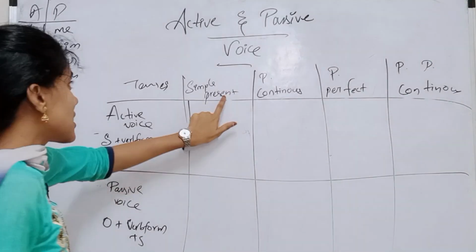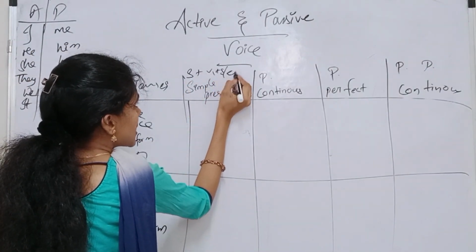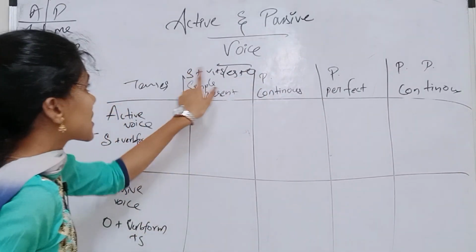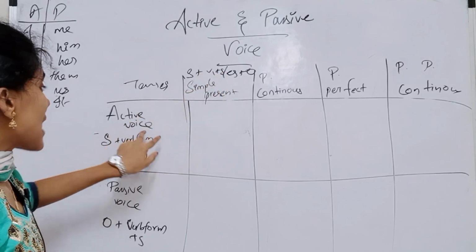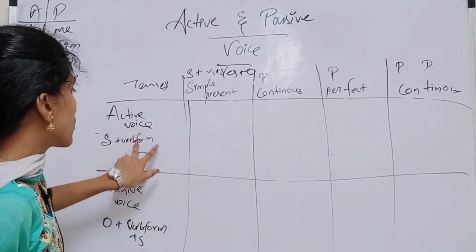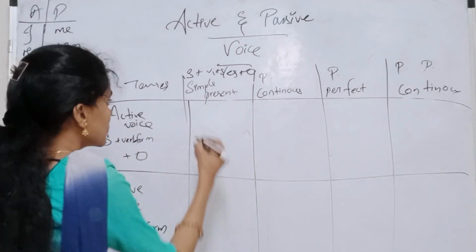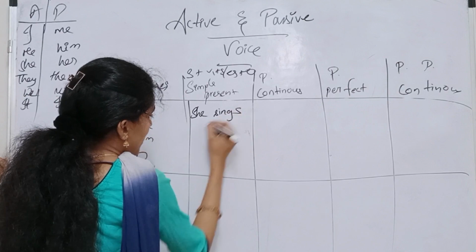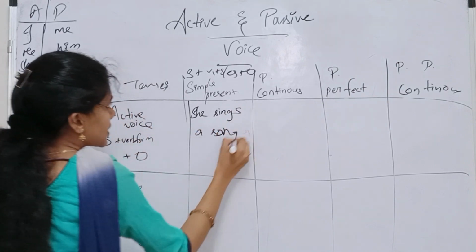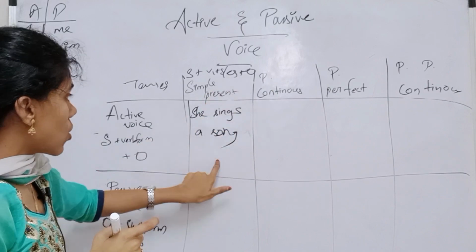What is simple present tense? Our formula is subject plus V1 plus s or es plus object. The subject comes first, object next. So this is called simple present tense active voice. Let me take one example. She sings a song. Here this is simple present active voice: subject plus verb plus s or es plus object.